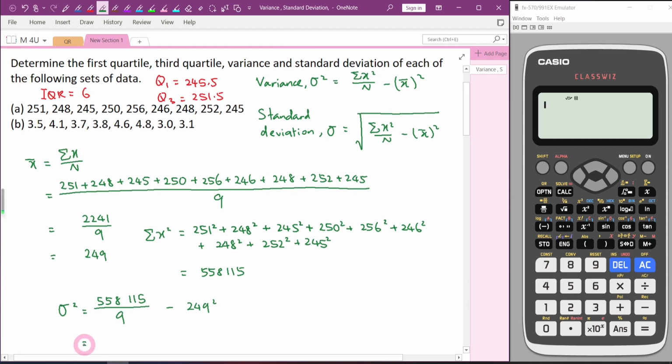Okay, so 558115 divided by 9 minus 249 square. Okay, the answer is 11.78. Standard deviation will be square root of the variance, 11.78.